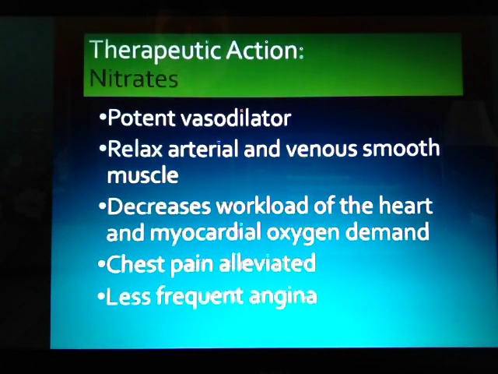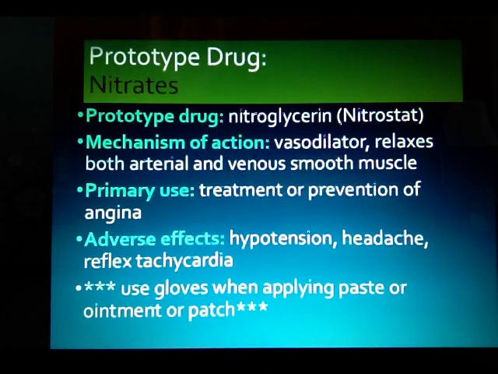So nitrates are potent vasodilators. They relax arterial and venous smooth muscle. They decrease the cardiac workload of the heart, and they decrease the myocardial oxygen demand. So the goal is to alleviate chest pain, usually if it's stable angina. The prototype drug I want to review with you is nitroglycerin, or Nitrostat.